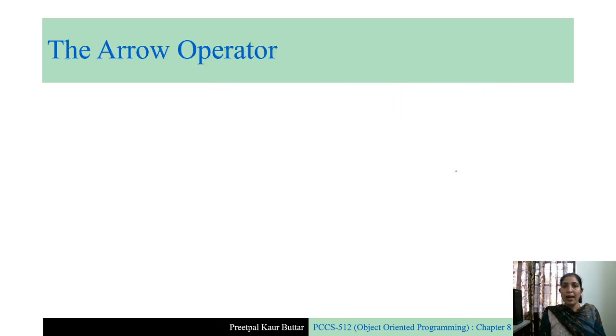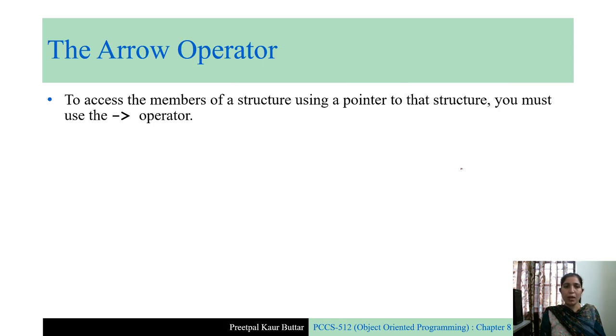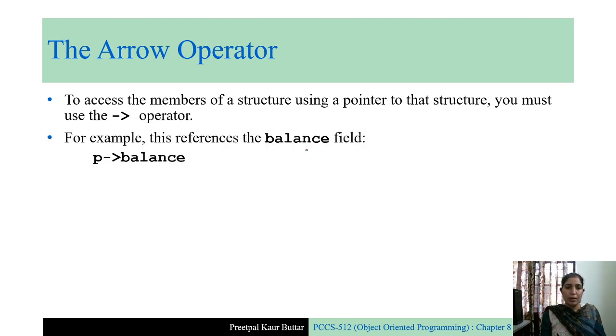And how can we access the members of a structure through a pointer? Using the arrow operator. To access the members of a structure using a pointer, you can use the arrow operator. For example, in the previous example, the structure balance contains members float balance and a character string char s[80].